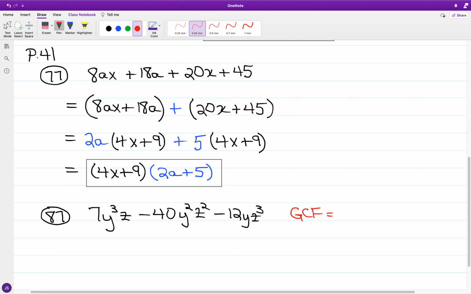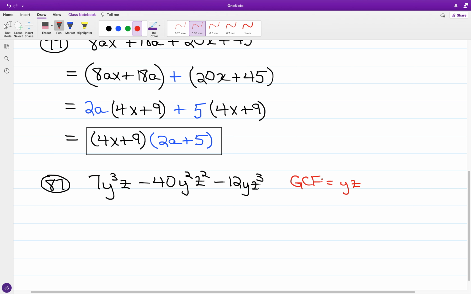So we have y, first order, and z, first order. And the highest constant that will go into 7, negative 40, and negative 12 is only going to be 1. So the greatest common factor we're going to have is yz. So for this particular trio, I'm going to factor out yz.